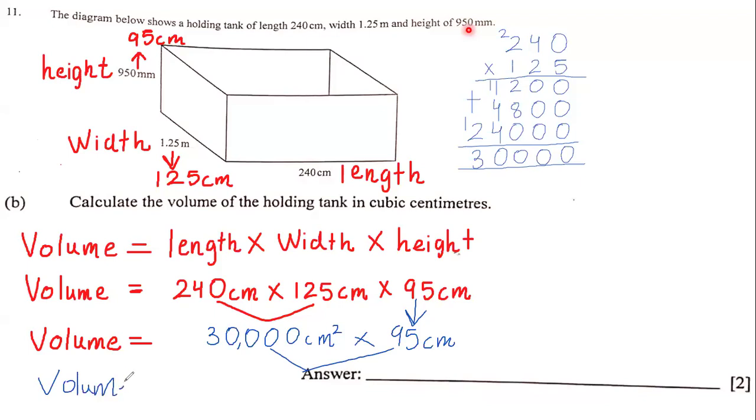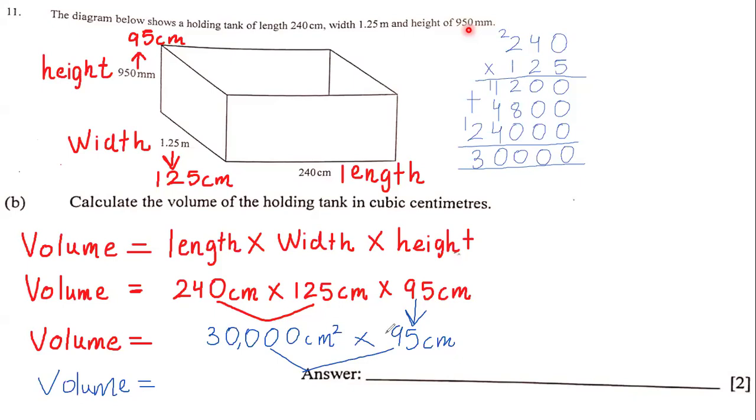The volume equals, what did y'all get? 30,000 multiplied by 95. Excuse me, Mr. Petit. Can you explain why you squared the centimeters? Because centimeters times centimeters is centimeters squared. Okay, thank you.